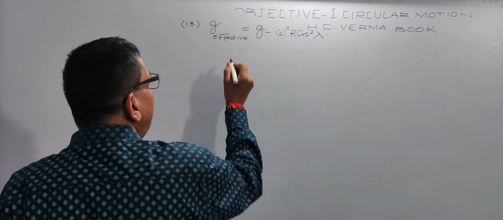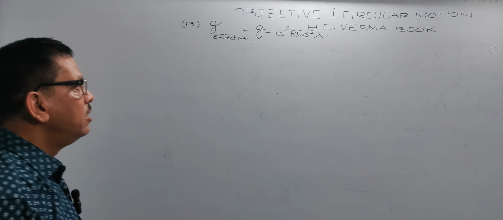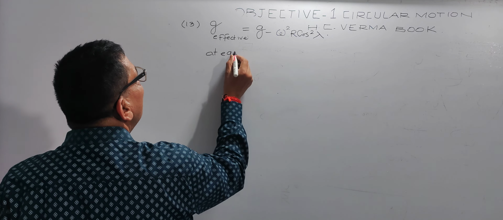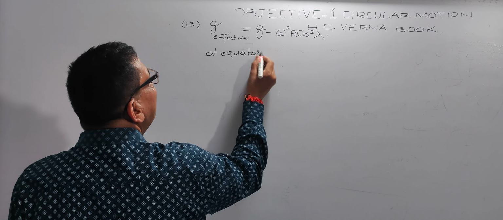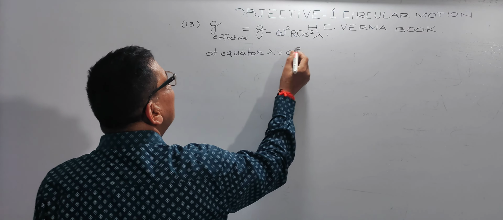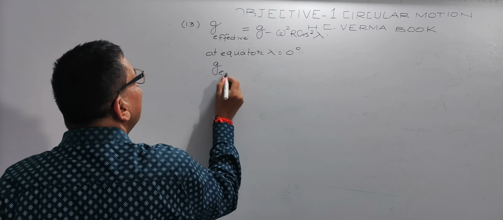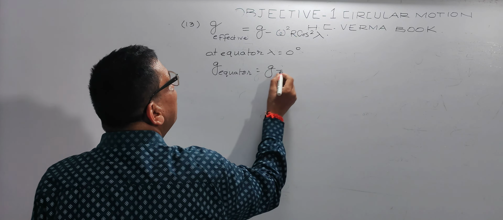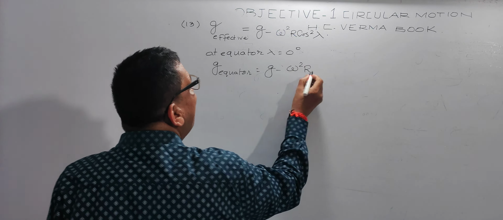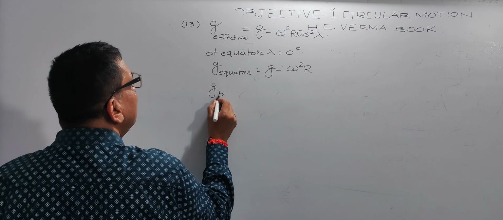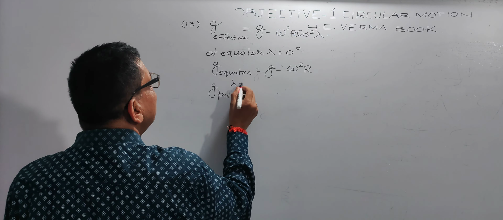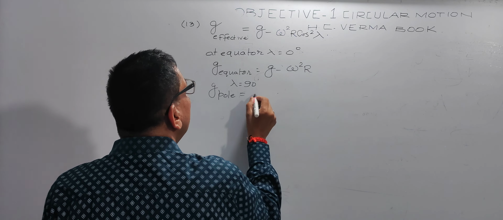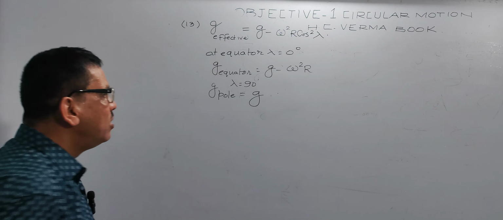lambda is the latitude. Now at the equator, lambda is 0 degrees. So g at the equator can be written as g minus omega square r, and at the pole, lambda is 90 degrees, so cos 90 is 0, so g at the pole is g. Now what is the question?